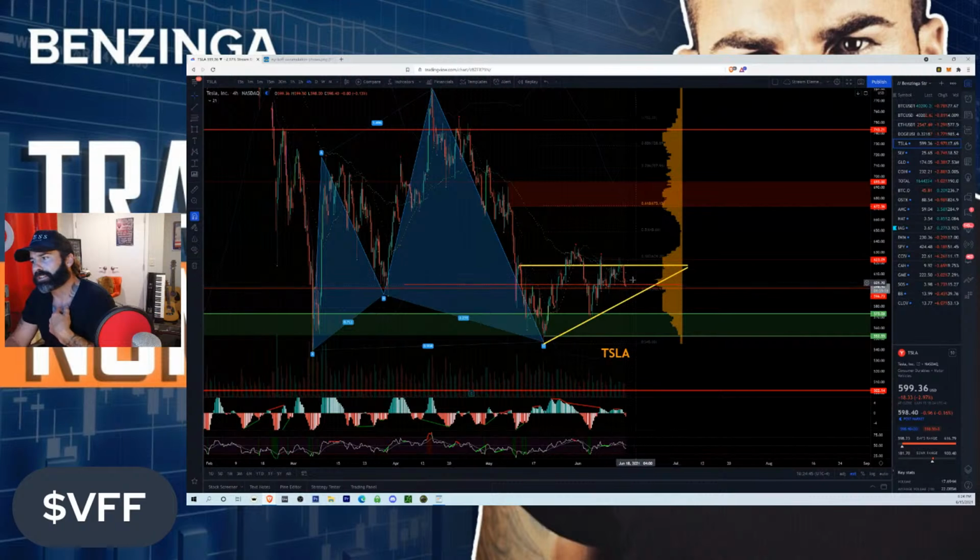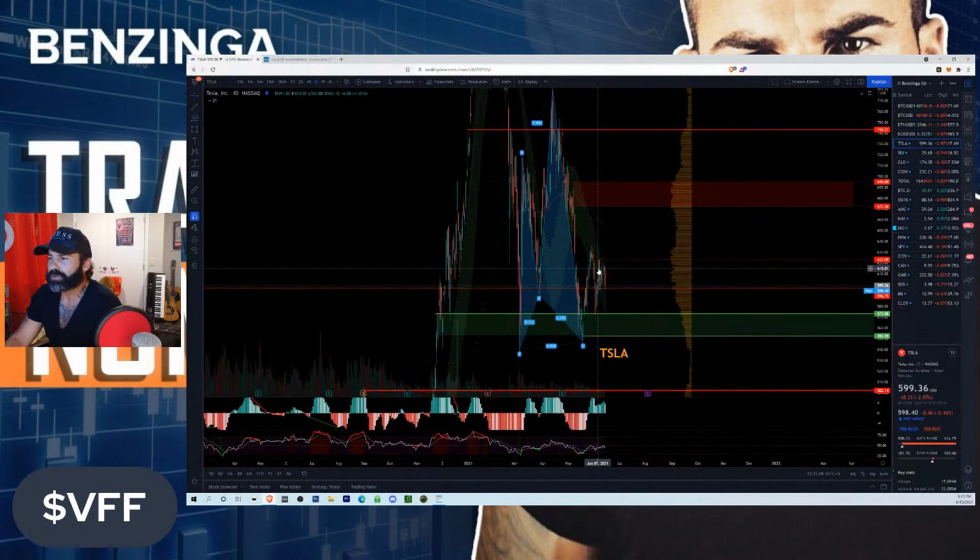It's important that we do get confirmation of support. As long as we make that higher low, that'll give the oscillators a little bit of time to develop an edge on this asset. You want to see higher low on price, less negative momentum. That's what you would want to see.